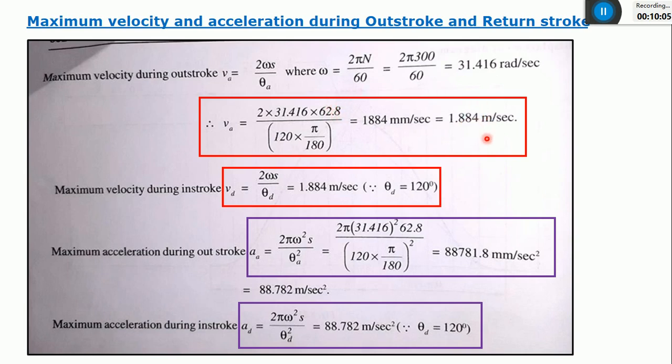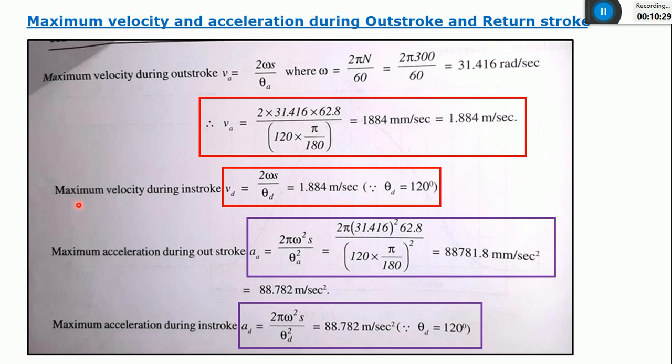You can follow any one, but finally I want the answer in meter per second. And one more thing is theta A or theta naught, it should be in radians, that is 120 into pi by 180. It is in degrees, I'll convert into radians by multiplying by pi by 180. So the maximum velocity during outward stroke will be 1.884 meter per second.